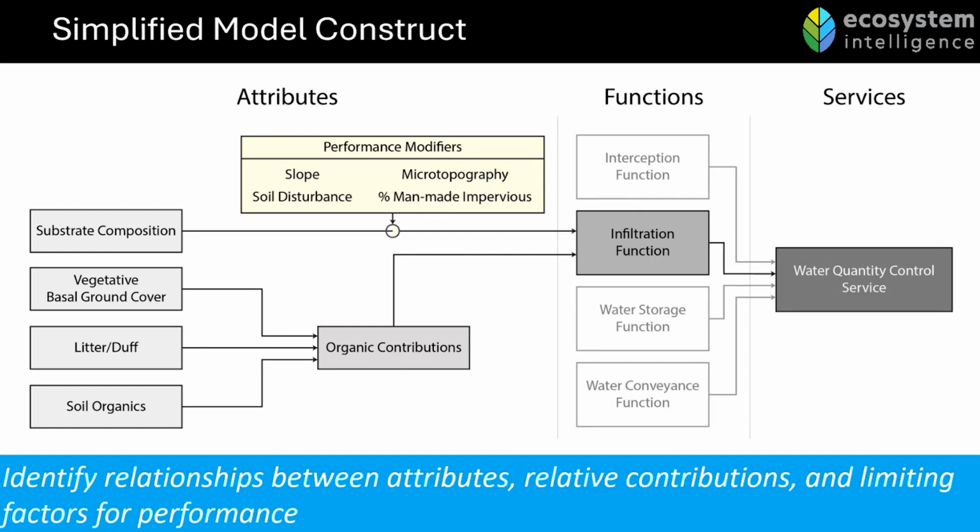And there are some things that are going to determine residence time, like slope, like microtopography, like basal cover, and those need to be captured within the model in the right place to capture those relationships and understand then ultimately what that means for the amount of water flowing off the site.